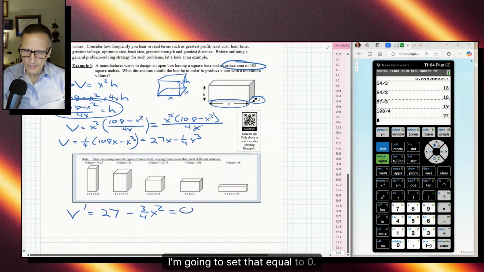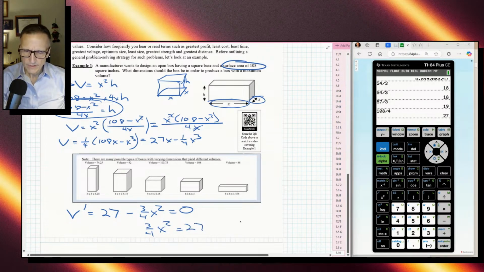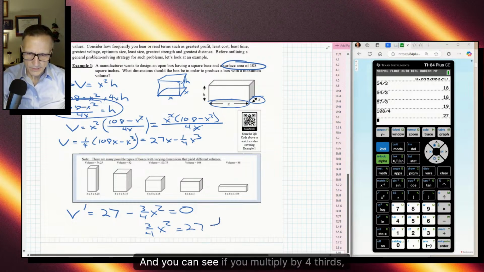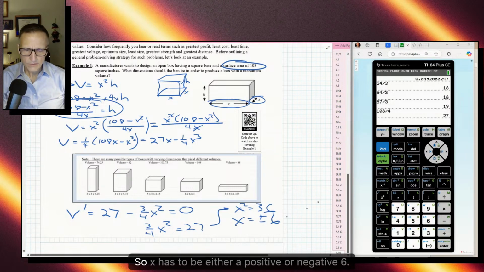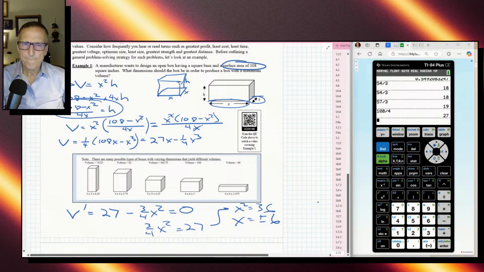I'm going to set that equal to 0. I'm going to get 3/4 x squared is equal to 27. And you can see if you multiply by 4/3, that's going to give you x squared equals 36. So x has to be either positive or negative 6.